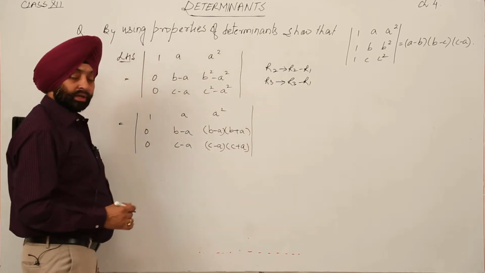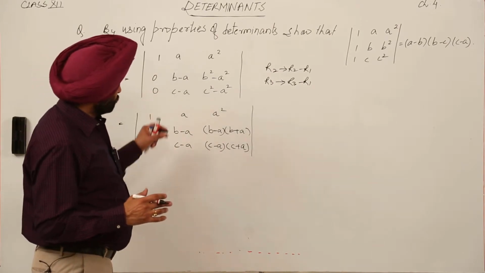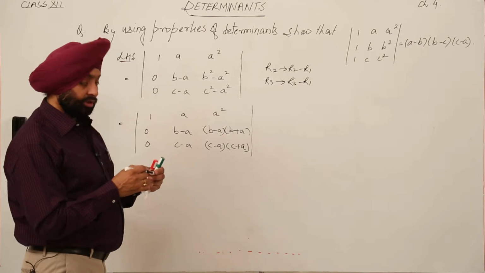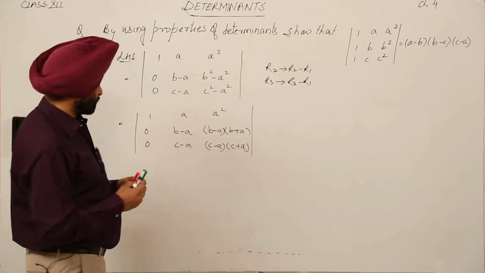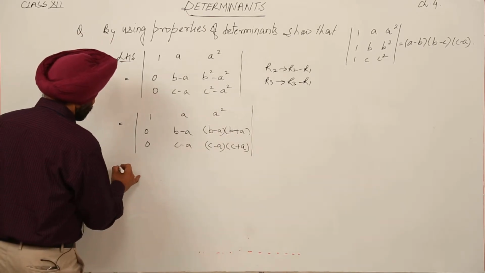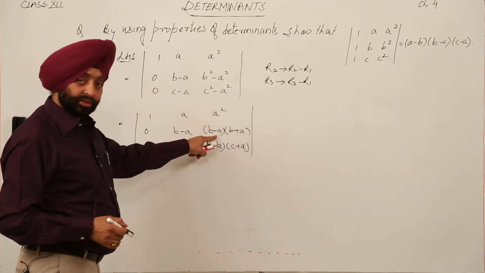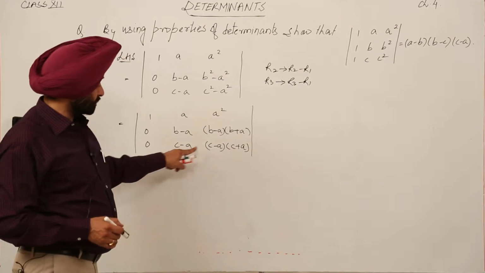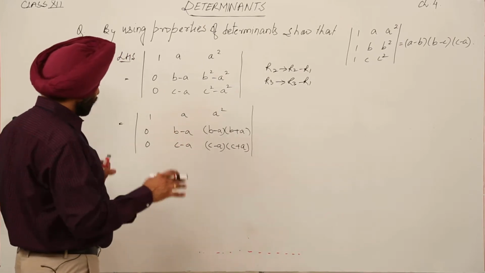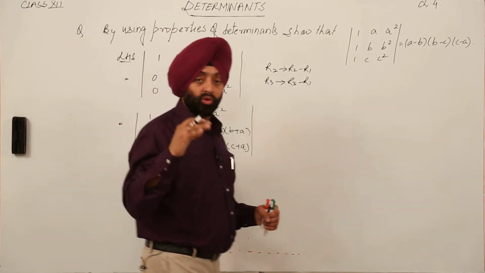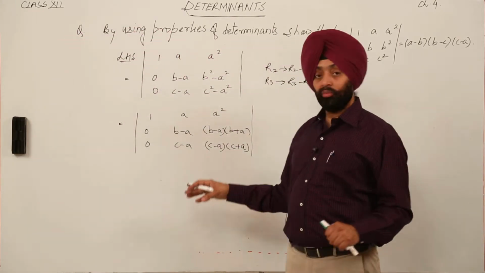I have used the identity a square minus b square is equal to a minus b into a plus b. Now it seems that we are having b minus a here also, b minus a here also, c minus a here also, c minus a here also. Now I can take common b minus a from R2, and c minus a from R3.